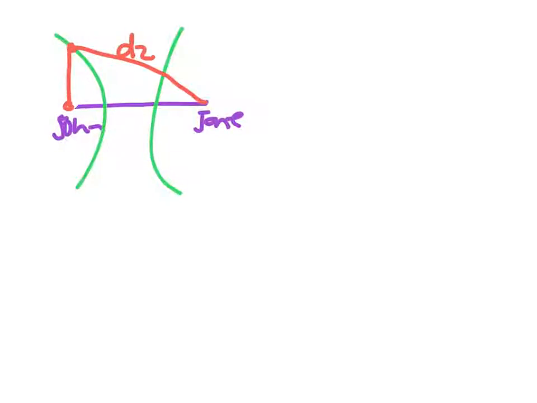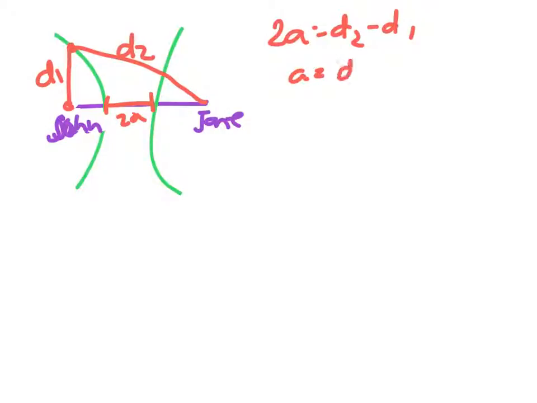That difference in distance is equal to this length from here to here, and we saw that in class, and that is 2A. So my 2A equals my D2 minus my D1. That means A is D2 minus D1 over 2.